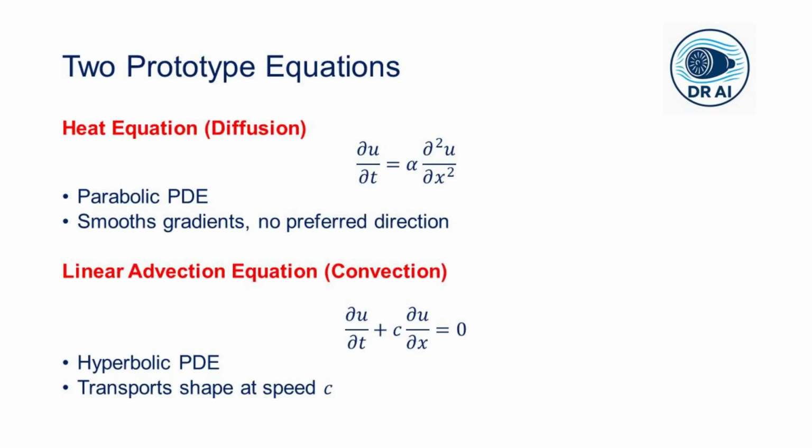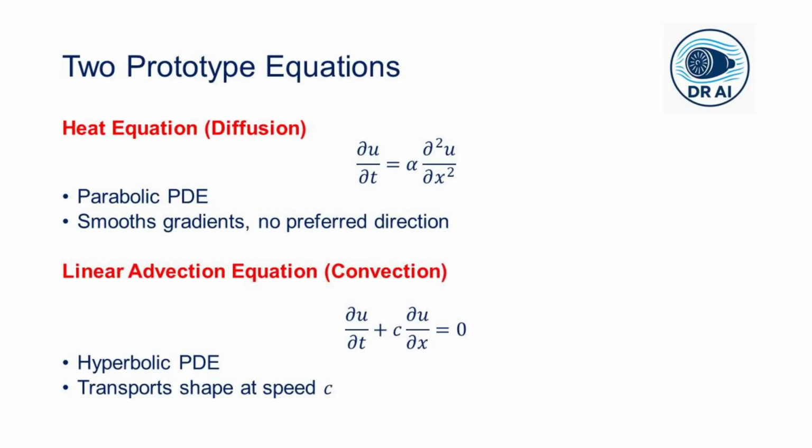This is a parabolic partial differential equation, and it describes how sharp gradients smooth out over time. The second one is the linear advection equation, which can be written as partial u over partial t plus c partial u over partial x equals 0. Here c is a constant wave speed.